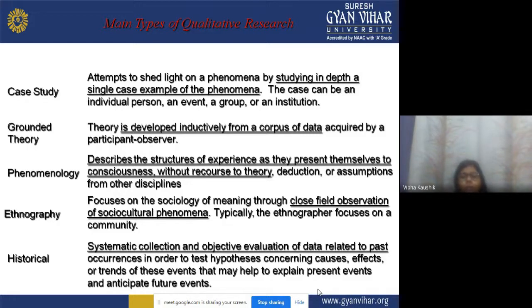Considering causes and effects, what are the causes of rejecting or accepting that hypothesis, and what are the effects or trends of these events that may help to explain present events and anticipate future events.